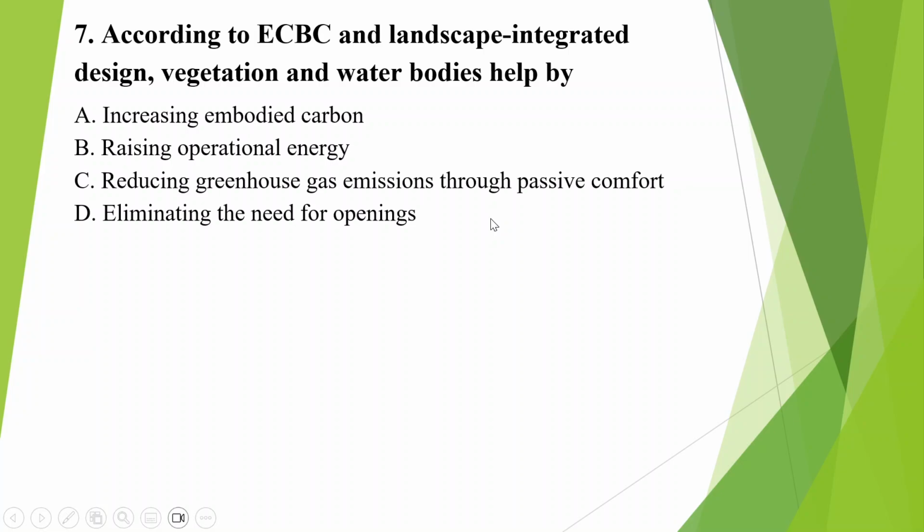So whenever you integrate design, vegetation and water bodies all together in the landscape, what benefits will you get, or in which way will they help us? So whoever knows the answer, let's see who can answer it correctly.